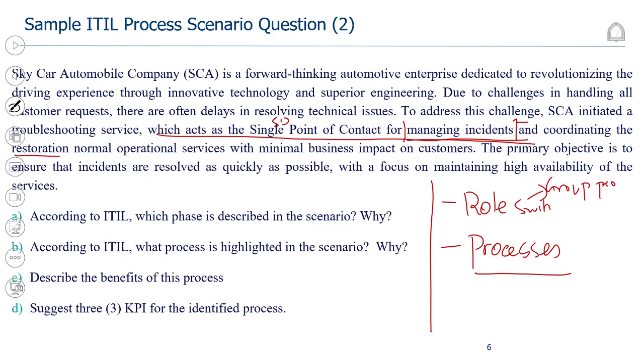According to the first there, for example, this is service operations. And the process there is incident management.